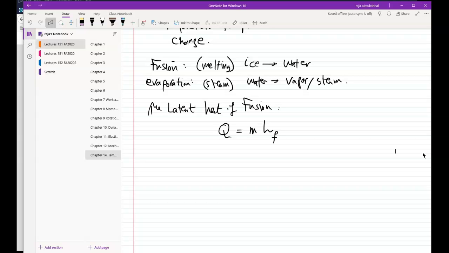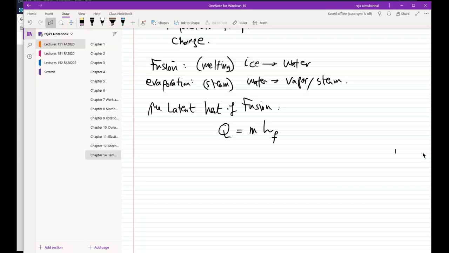After a while, the ice will begin to melt. While it is melting, let's say half the content is ice and the other half is water. If I look at the thermometer, I will find it still reads 0. Why is it 0? Because you have a mixture of both.